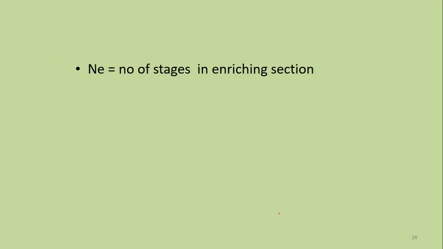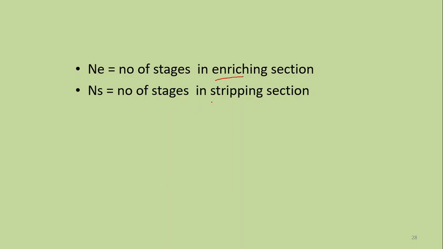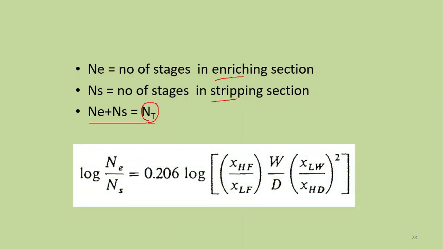The next step is the feed location, which is a very simple concept. The upper portion of the feed is known as the enriching section and the lower portion is the stripping section. If you sum these two values, this is the total number of stages. We simply have to find the NE and NS values.